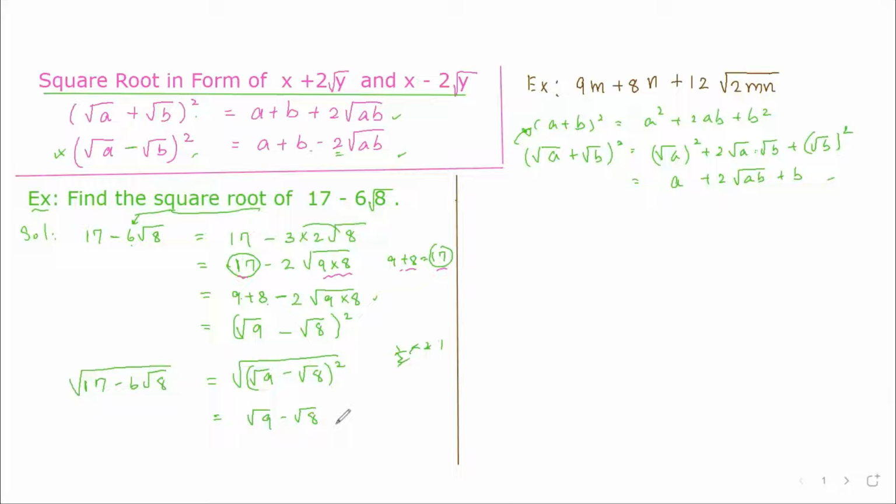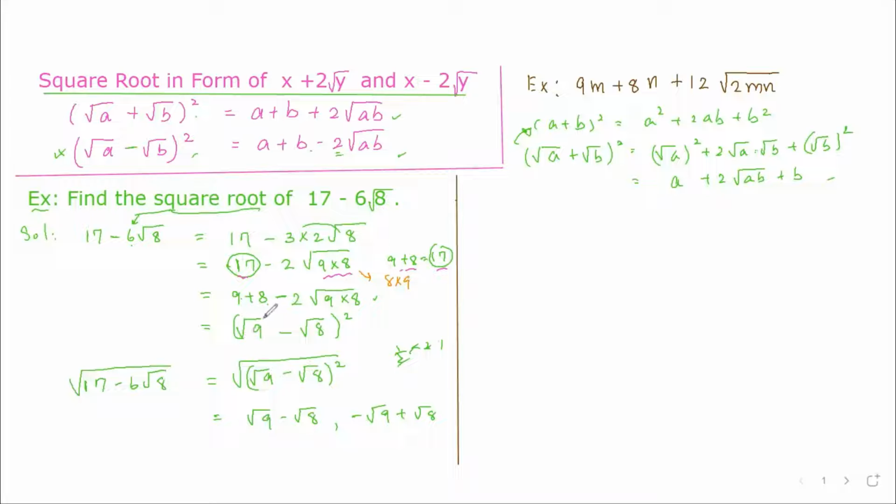At the same time, you can write this one equal to this one also. You can have minus square root 9 and plus square root 8 also. That's okay, because like this one, you can come back to this one. Why do I say so? Because 9 times 8 can be 8 times 9 also, correct?